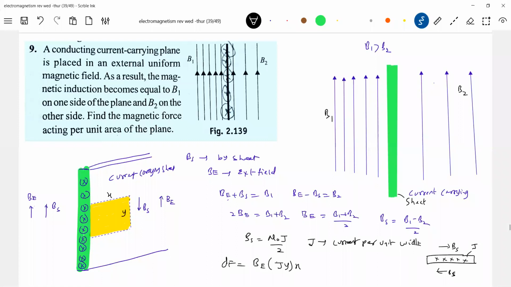X, I'll take it. So if you're getting confused, you make this Y very small. So this is like some sort of current carrying wire of length X, and the current is how much? JY.